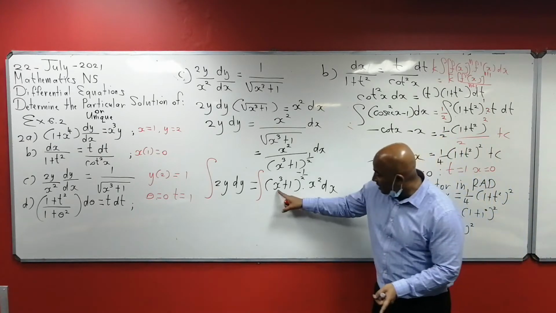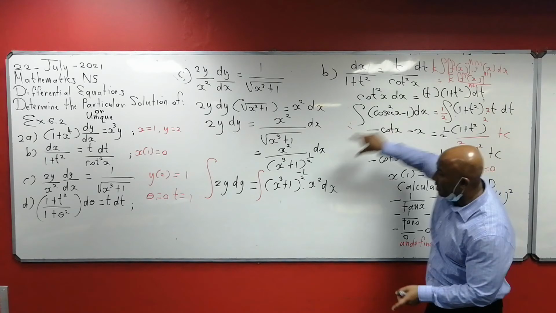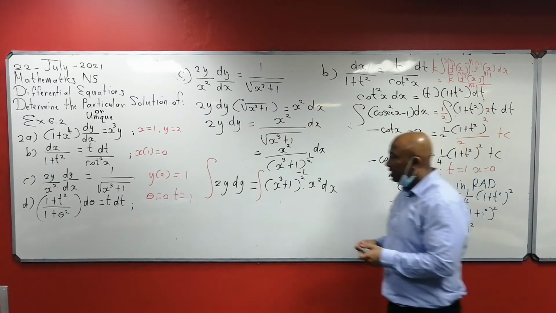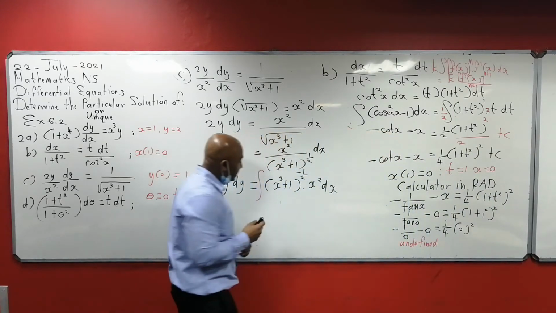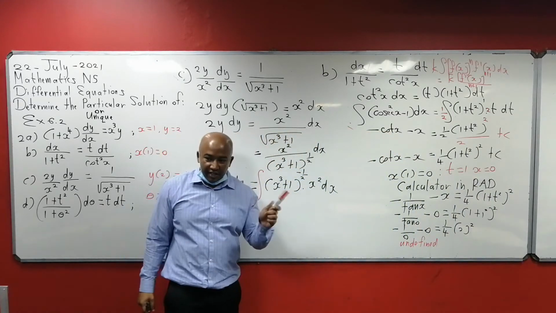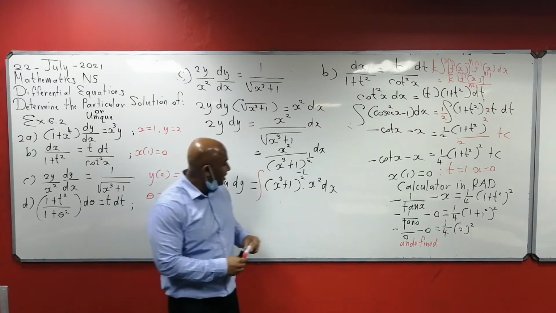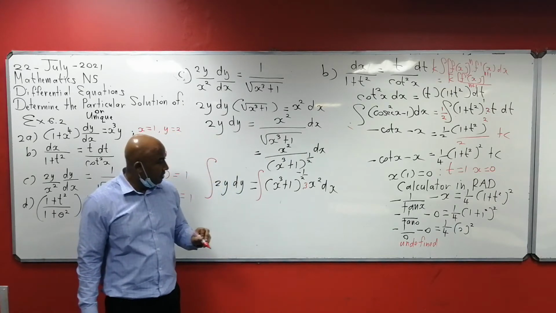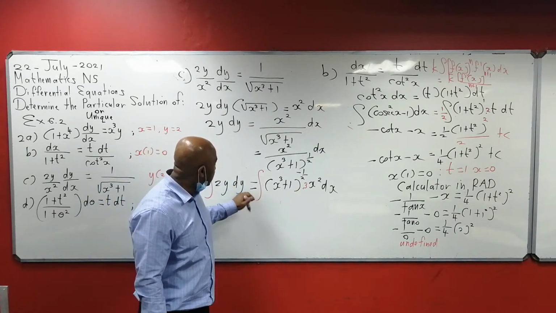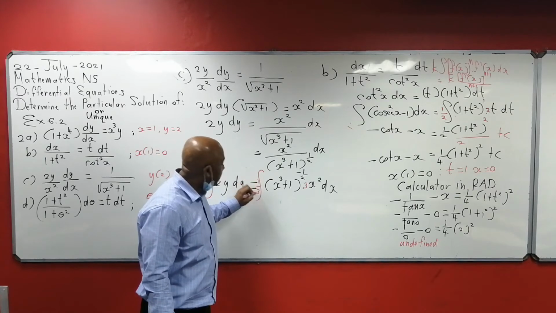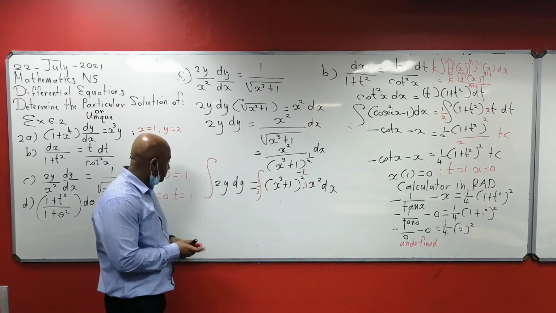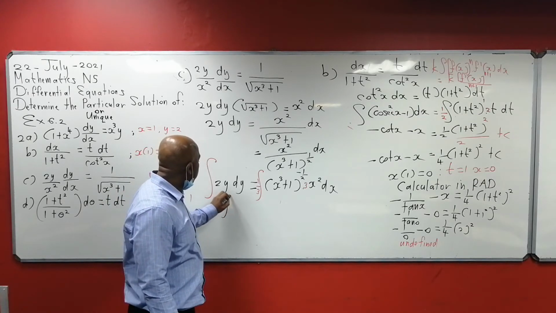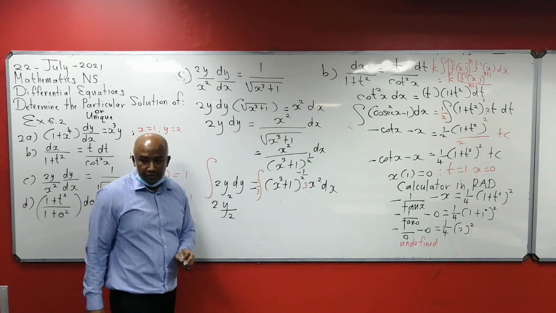Okay, so here is the same. These 2 examples are of the same type. It's just that this one has x, this one has t. So now, when you differentiate, the derivative of x to the power 3 is going to be 3x squared. So if I write down a 3 there, I'm going to multiply by 1 over 3. So now I got 2y, 1 plus 1 is 2, over 2.